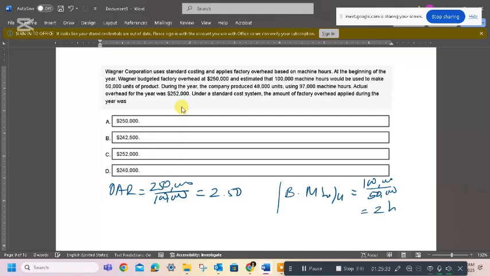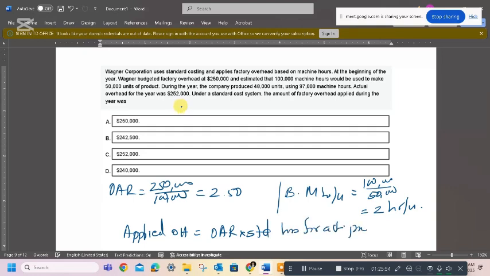So that's basically 2 hours per unit. But during the year, the company produced 48,000 units. So now look at this. Applied overhead, how do I find? Remember the formula I said, OAR multiplied by standard hours for actual production.